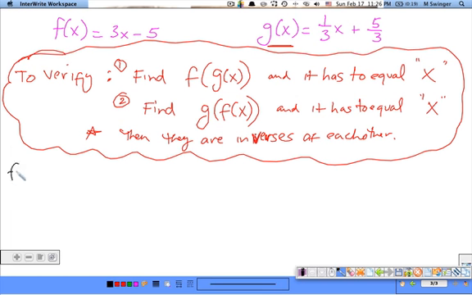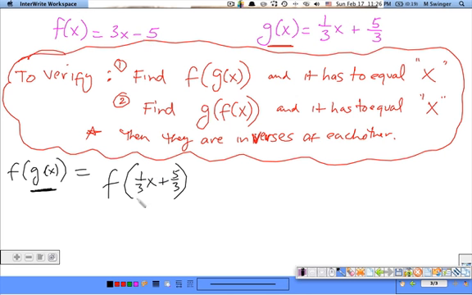Let's find f of g of x. Alright, so first thing I do is I substitute g of x with whatever is written up here. G of x is 1/3 x plus 5/3. Now what does this mean? F of 1/3 x plus 5/3. Now I pretend this f of 2 means, oh, I put 2 into f. Oh, boom, I'm done, right?